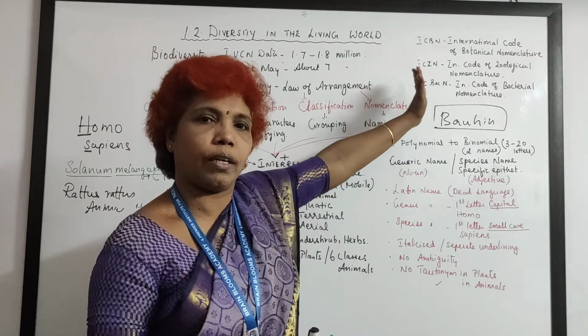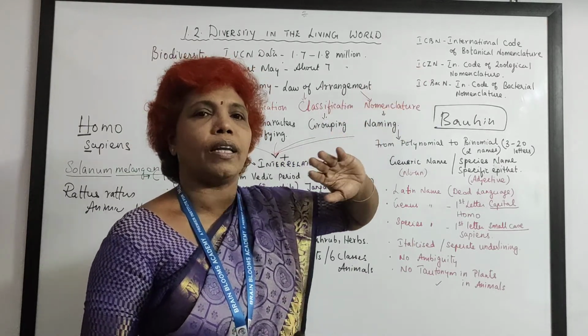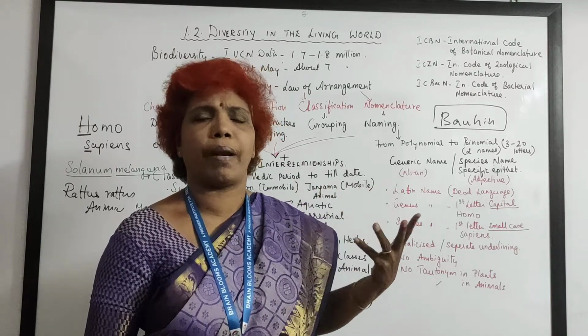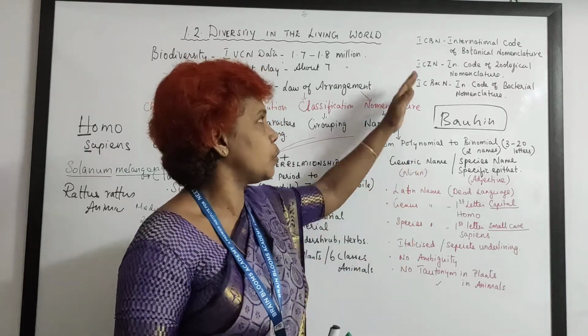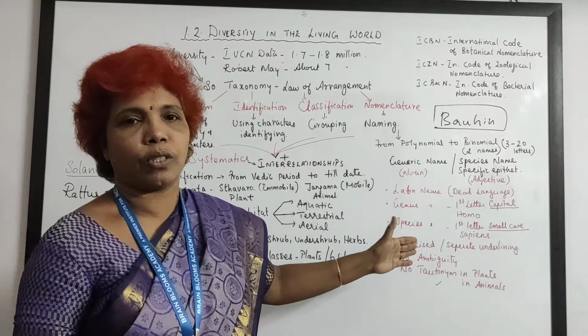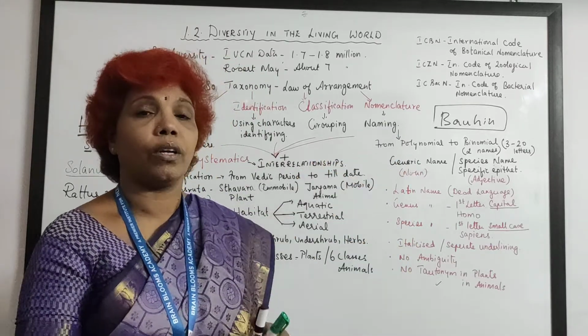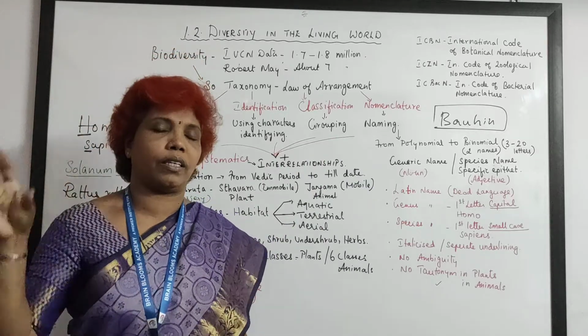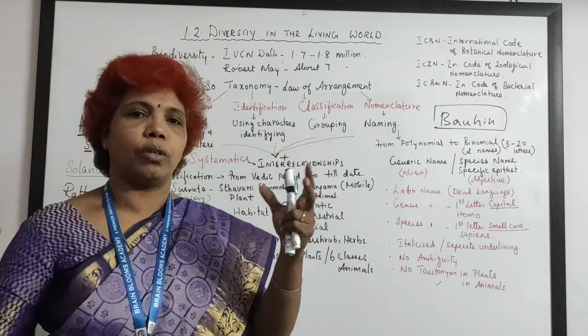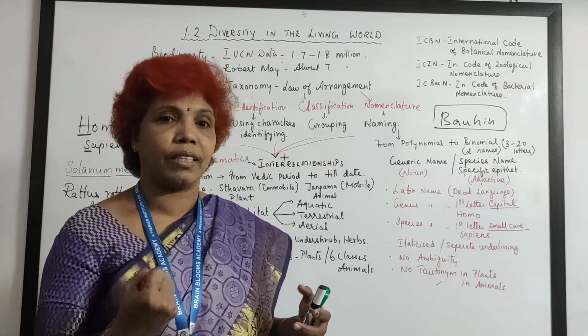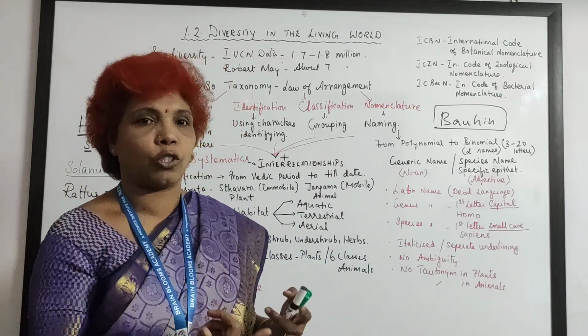So they are the authentic people to give a name to any species, plant or animal. So this is about nomenclature. The rest of the details about classification and the taxonomical hierarchy, from kingdom to species, and the meaning of species, we will discuss in the next video.